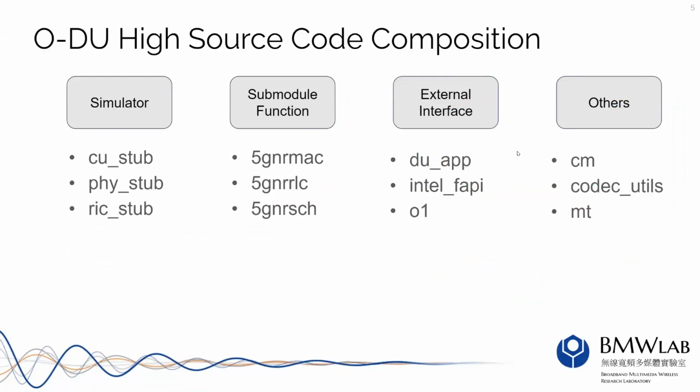In the DU app there are E2AP, F1AP, and some router manager in this folder. So I chose external interface to print it. It's just my opinion, not official. But I think the DU app is the center of the ODU, right? Yes.